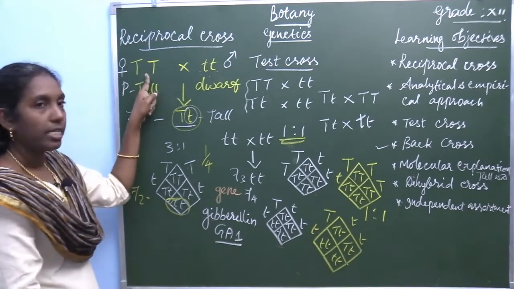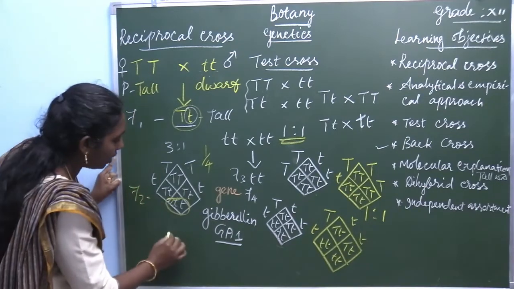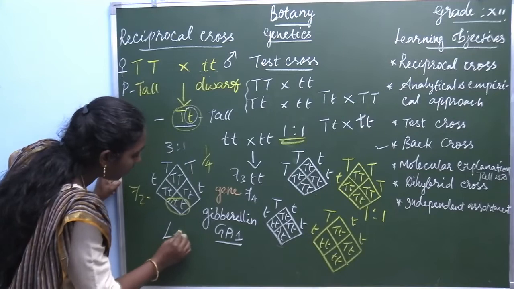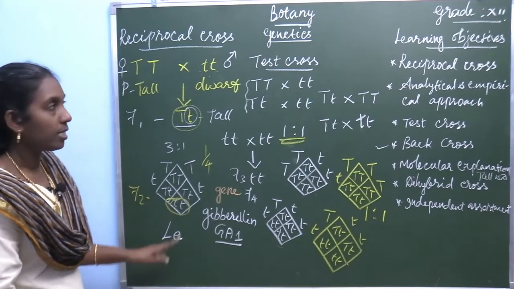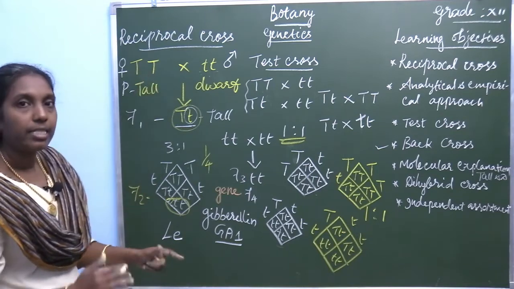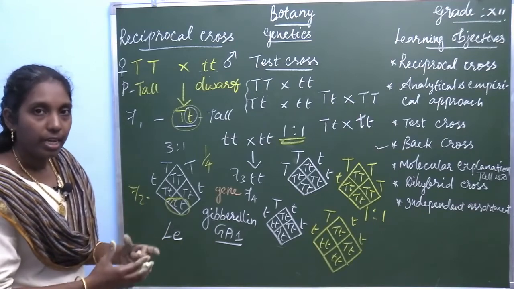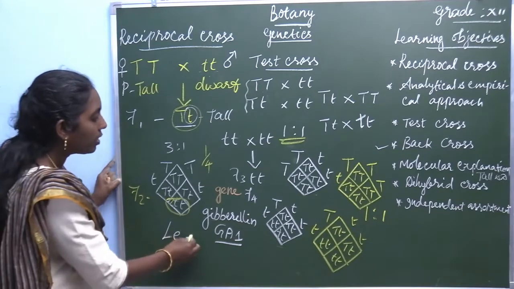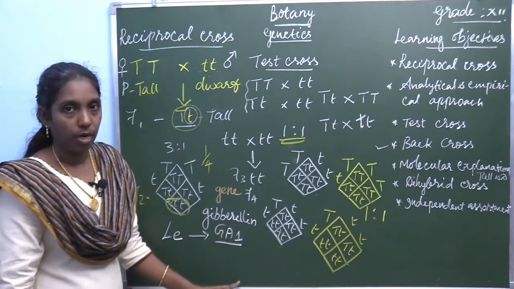The tall plants contain a gene or allele, capital L capital E. This is the allele present in the tall plants. When this allele is present, it encodes a protein, a functioning enzyme, which activates gibberellic acid 1, GA1.